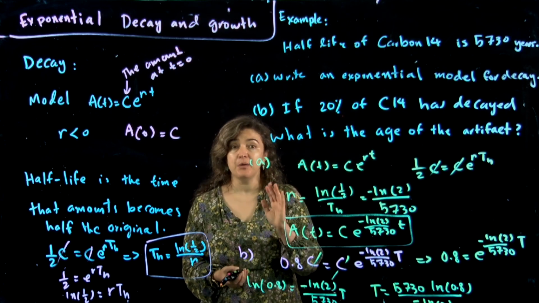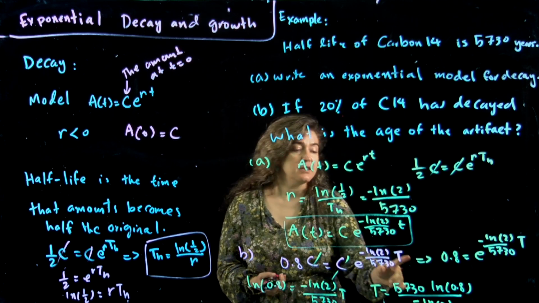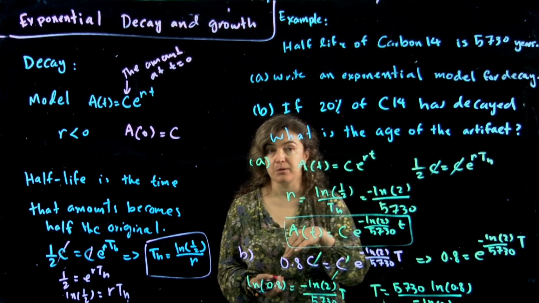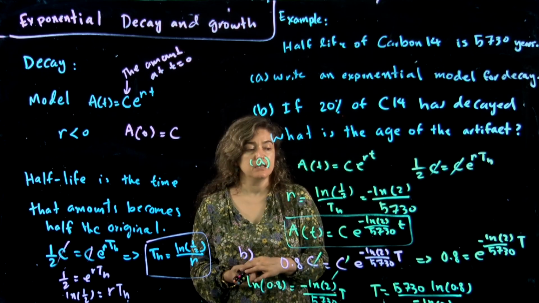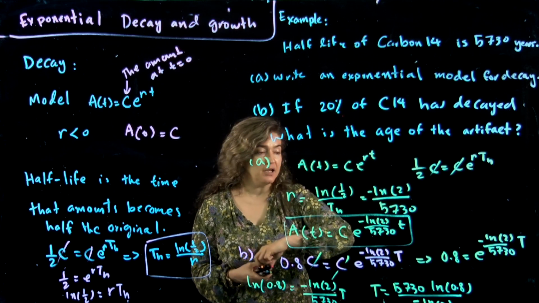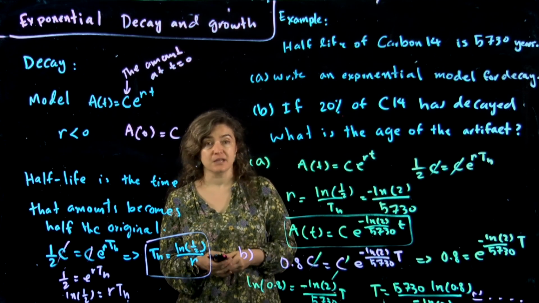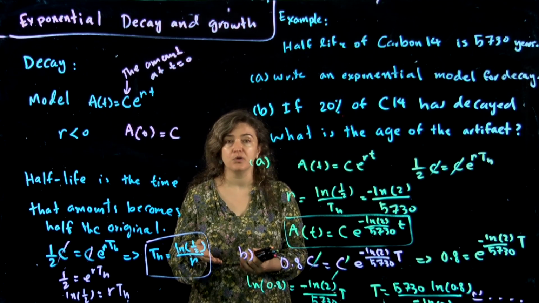This is going to end up to be a positive value. You can use your calculator. The reason is that ln of 0.8, which is less than 1, is going to be a negative value, and simplify by negative ln of 2. I leave this to you to find out what time it is and how old the artifact is using your calculator.